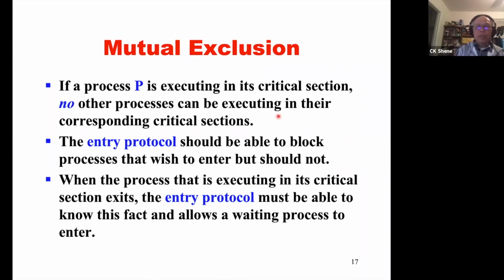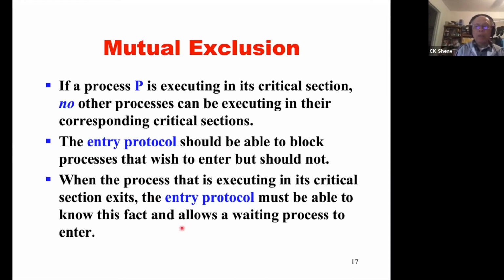So the entry section should be able to block processes that wish to enter, but should not. It means if P is in the critical section, what if other processes try to enter its own critical section with respect to the same variable? The entry section should somehow, in a magic way, block them from entering. And what is the use of the exit section?